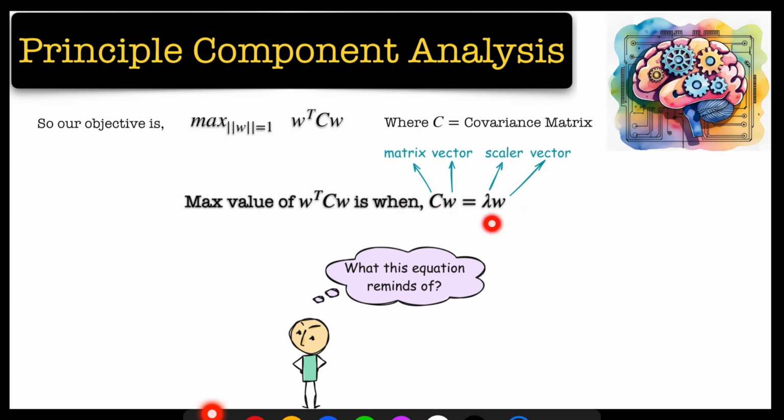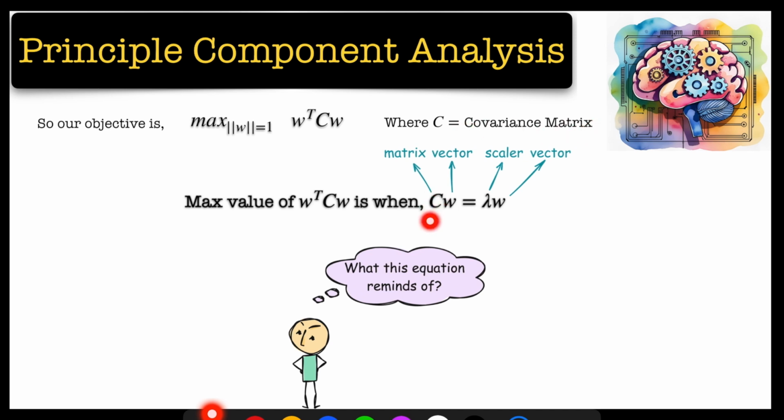Now what does this equation remind you of? This is a very well-known equation. If you have read about linear algebra, you will know this. But even if you don't know, I will quickly tell. So max value of W transpose CW is when CW equals lambda W, where C is the covariance matrix, right?